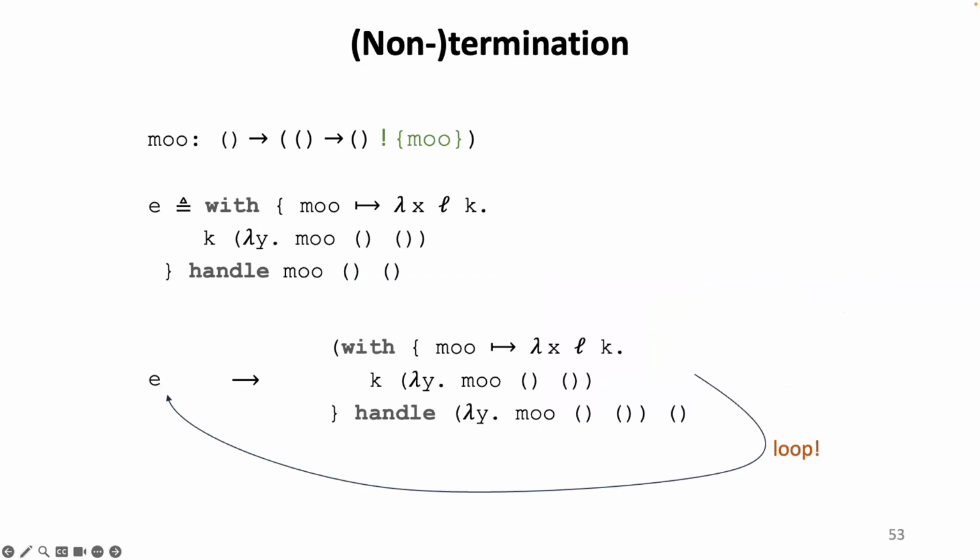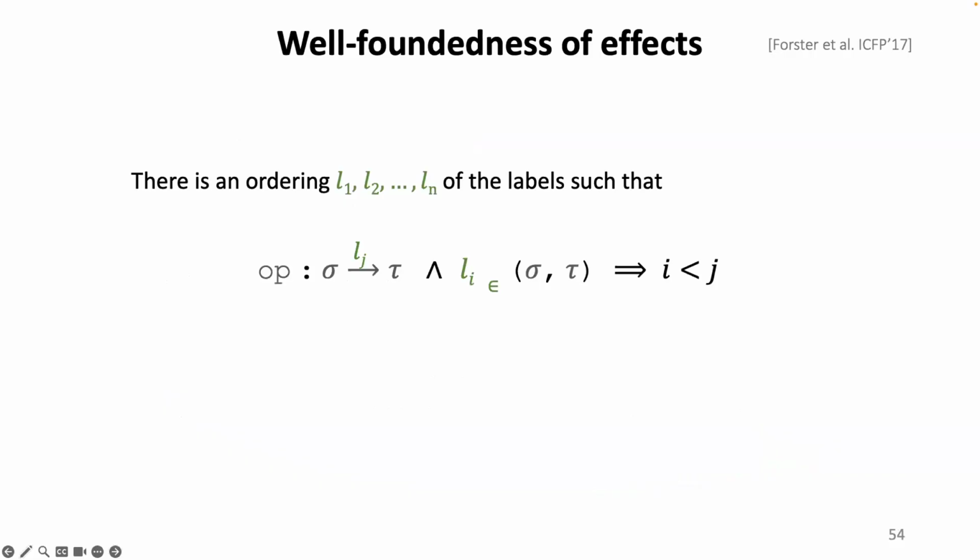In our case, we impose a limitation on this effect system, and under this limitation, we can prove that the calculus is terminating. This is the assumption we had on the effects. It's what we call well-foundedness of effects. And under this assumption, we can establish termination for the calculus.